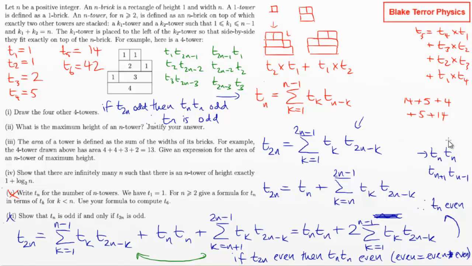It was only when this tn squared bit came out that it became apparent. I mean, I can't really see a way of getting that and showing that it's definitely going to be even. I mean, I suppose, well, this thing is tn as well.